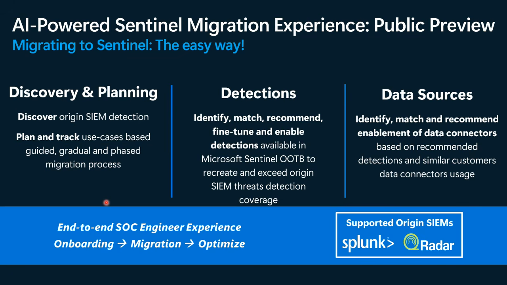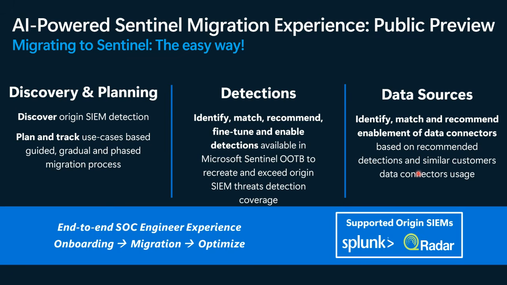Then we have the detection phase. In the detections phase, the Microsoft Sentinel migration tool will map your source detections to Microsoft Sentinel out-of-box detections, and then you'll be able to quickly enable that detection or customize it to fit your use case.